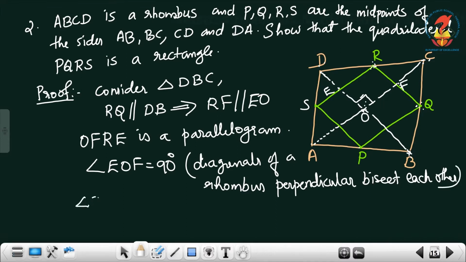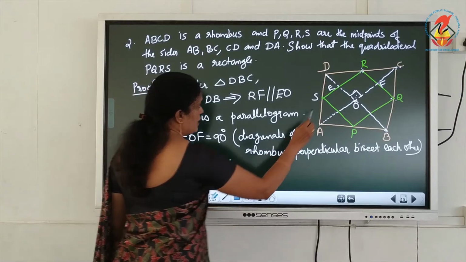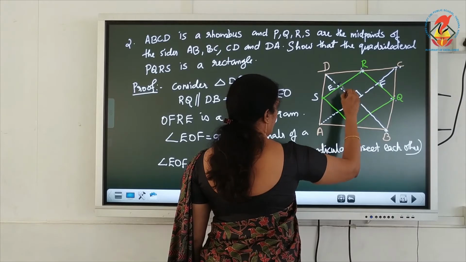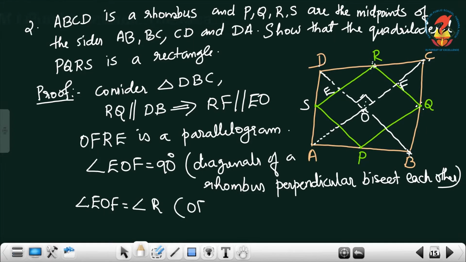Okay. Angle EOF equal to angle R. Reason: OFRE is a parallelogram.